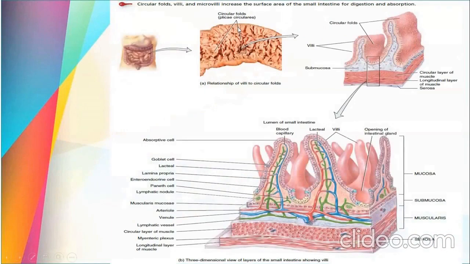Now see in the diagram: here are the circular folds, villi, submucosa, circular layer of muscle, longitudinal layer of muscle and the serosa. Now here is the absorptive cell, goblet cell, lamina propria, enteroendocrine cells, Paneth cells, and again the lymphatic nodule.